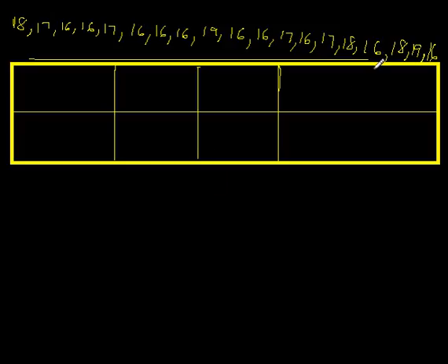To design your frequency table, go through the list and find the smallest value and the largest value. You need to know that range, and then from there you can know how many cells or columns you need.